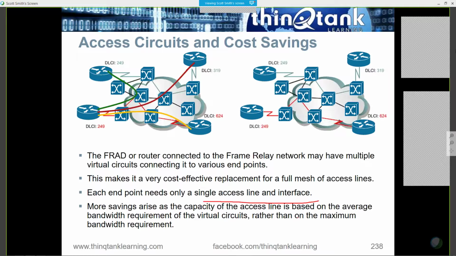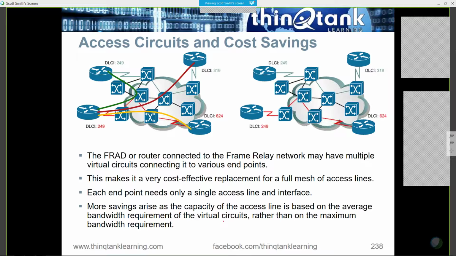Now, it says here, more savings arise as the capacity of the access line is based on the average bandwidth requirement. So that's the other thing you need to understand about frame relay. Frame relay has been around for many, many eons. Not quite that long, but pretty long.